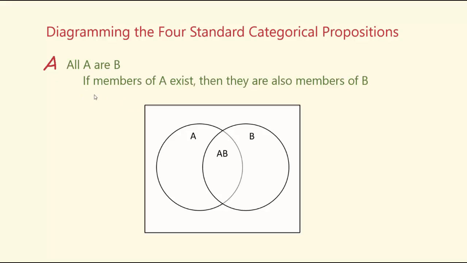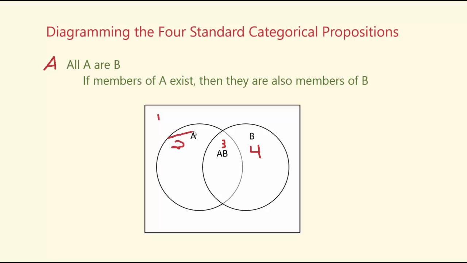And remember that what we're saying when we say that all A are B is if members of A exist, then they're also members of B. That's for any A, right? For any member of A, if such a thing exists, it's also going to be a member of B. So if we have areas 1, 2, 3, and 4, we notice that if something were to exist in 2, then it would be an A that is not a B, because it's outside of the B circle.